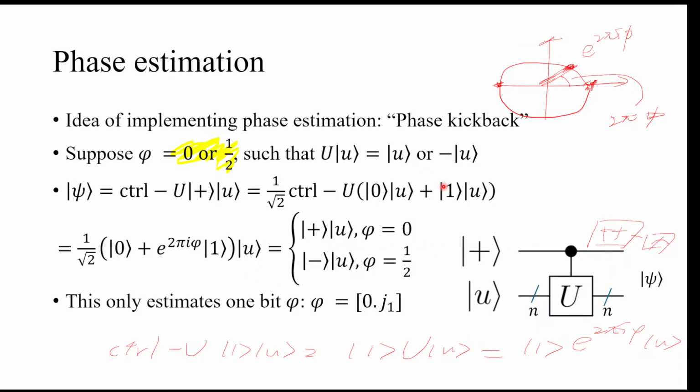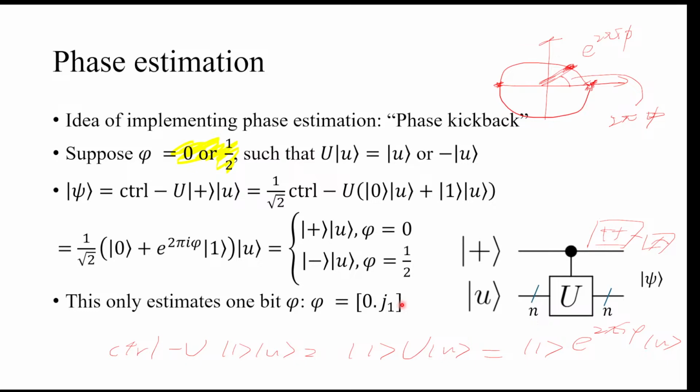So this is phase estimation, and you will determine whether ψ is 0 or 1/2. If we go back to our binary notation, you will basically estimate 1 bit. So if our ψ is 0.j1, you will determine j1 equal to 0 in this case, and j1 equal to 1 in this case. So this is 1-bit phase estimation.